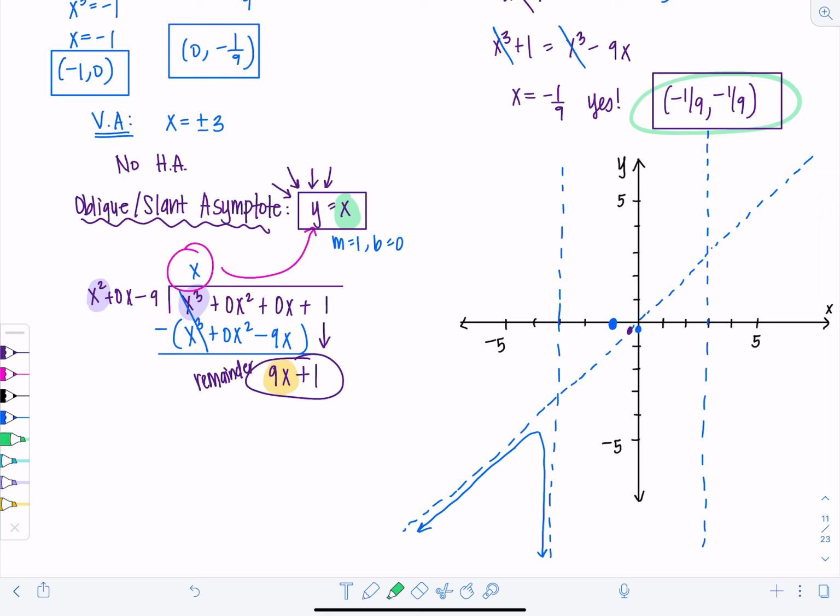We can't have anything parabolic because then it would cross too many times. Or if you had something like this, that's crossing the slant asymptote again, crossing the x-axis again. That's not going to be allowed. So the only option that makes sense is the graph is coming this way, crosses, wiggles a bit, and then comes back down.